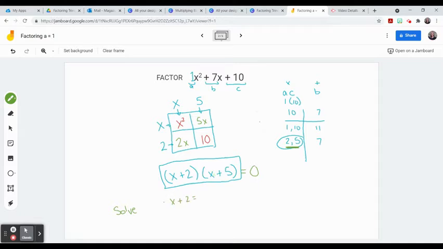X plus 2 equals 0. X plus 5 equals 0. Subtract 2, subtract 2. I get x equals negative 2. Subtract 5, and I get x equals negative 5. So if I was asked to solve, I have negative 2 and negative 5 as my answers.